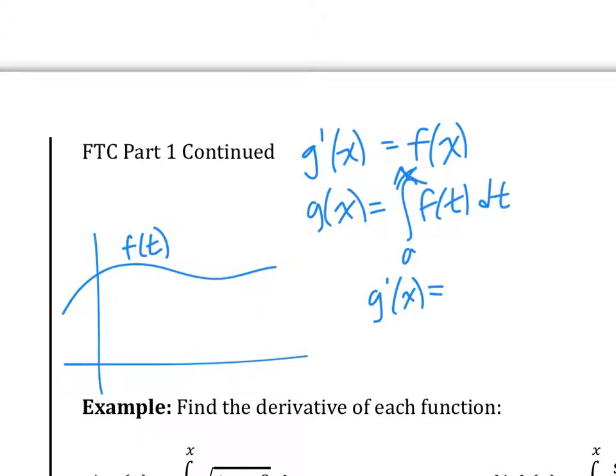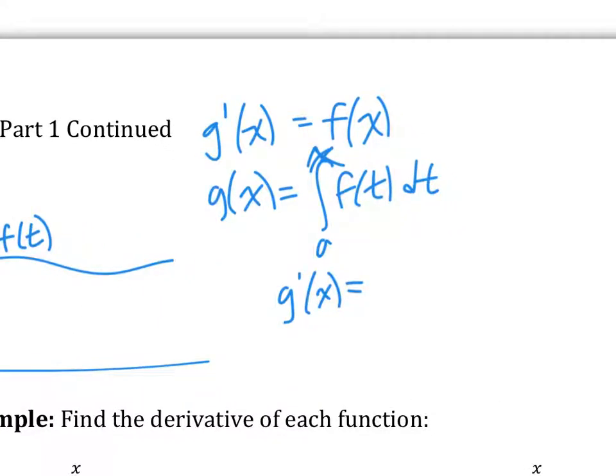Do you guys still remember the definition of derivative? Slope. And what's the formula for that slope using the limit as h goes to 0? Do you remember? No. Okay, so it's g of x plus h minus g of x over h. That's f of b minus f of a over b minus a.